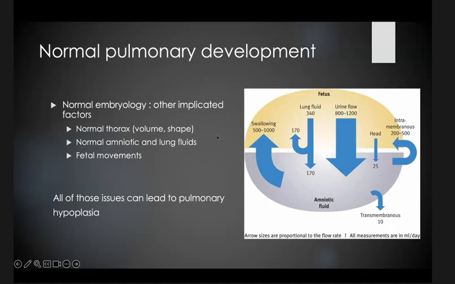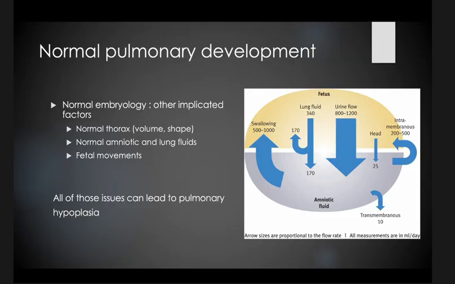If there's no amniotic fluid, for example if the baby has no kidneys, you have no fluid, so you cannot grow your lungs, and you'll have lung hypoplasia. And the baby has to move and breathe in and out to make sure that the lungs get all the fluid that they need. So all of those issues that can go wrong during pregnancy can lead to pulmonary hypoplasia.